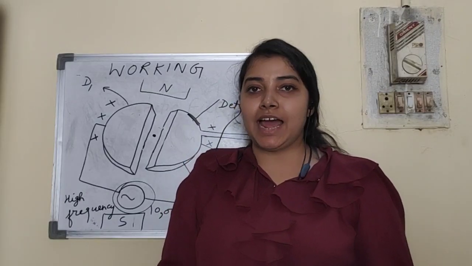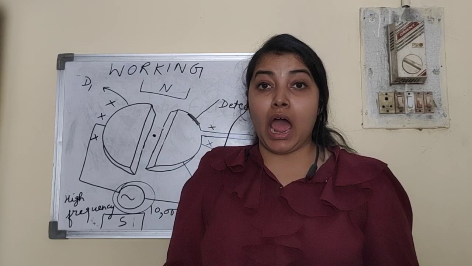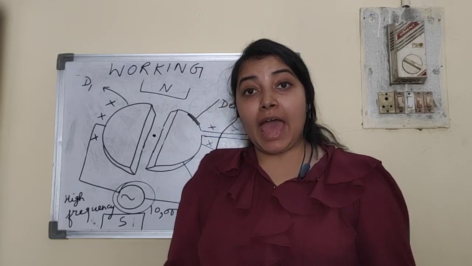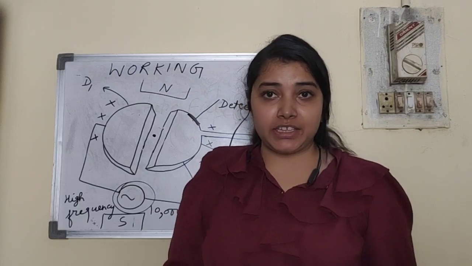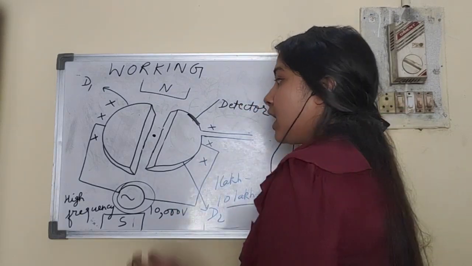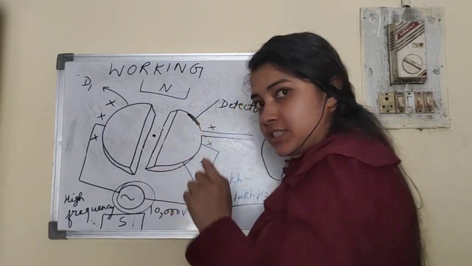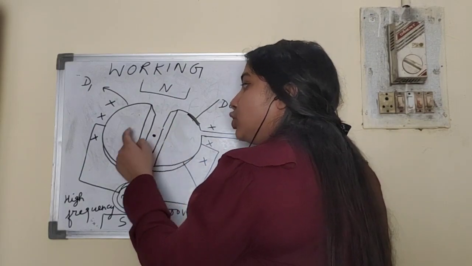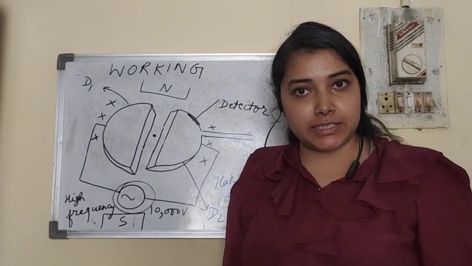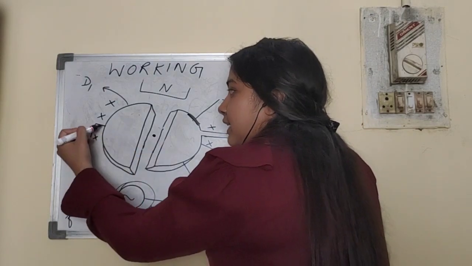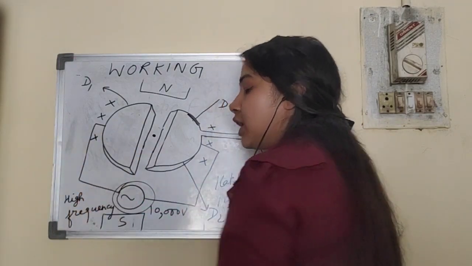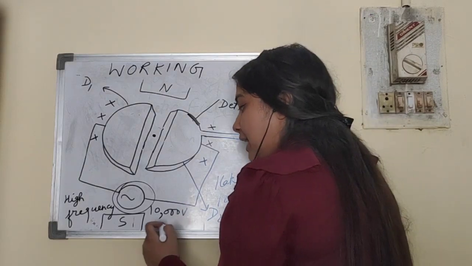Now let us understand the working of cyclotron, how the cyclotron will work and how the charged particle gets accelerated to a very high speed. As we know that the charged particle is present in the gap between the two metallic containers called Ds. Now, these two Ds are connected to a high frequency oscillator having very high voltage.